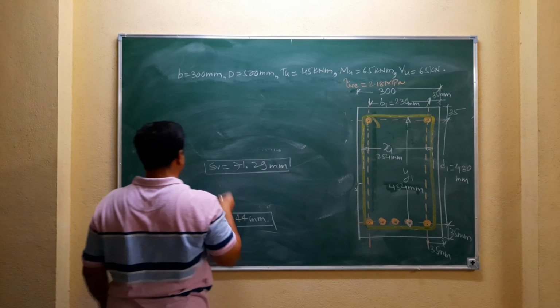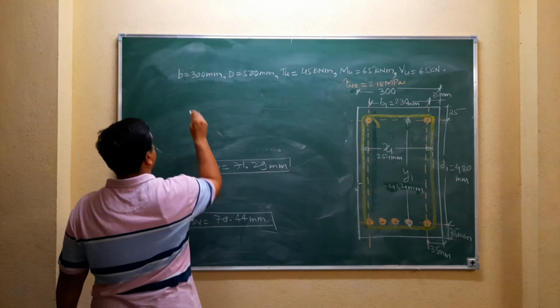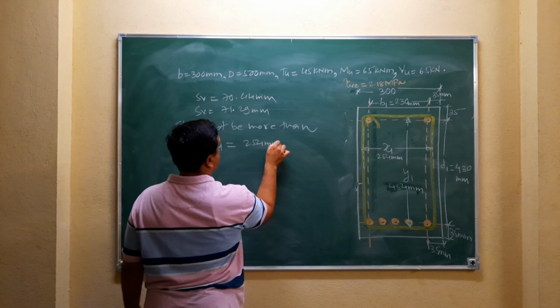So the first value of SV is 70.44 mm. The second value of SV is 71.29 mm. Now these spacings should not be more than the following. First one is x1, and the value of x1 is 254 mm.